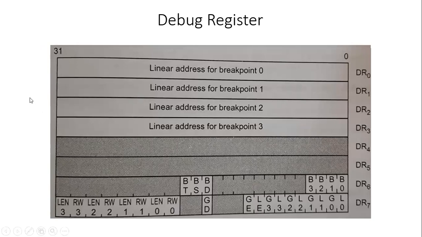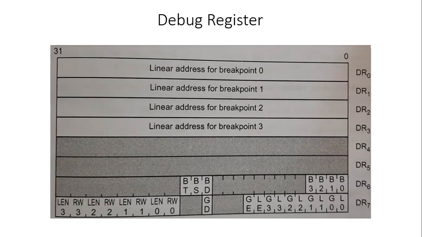In this diagram, we can see there are a total of 8 debug registers, from DR0 to DR7. As it is of the 80386, it is 32 bit, that is 0 to 31. The first 4, DR0, DR1, DR2 and DR3, hold linear addresses for breakpoints.